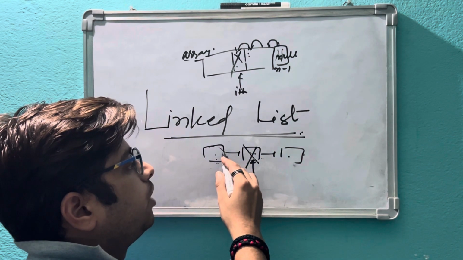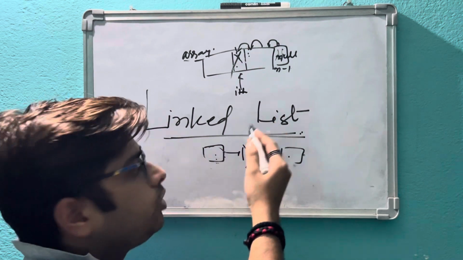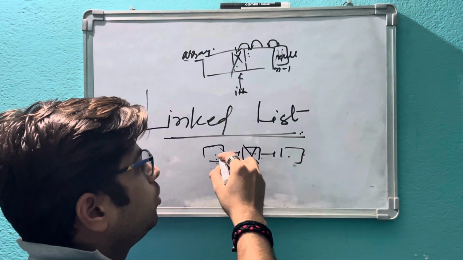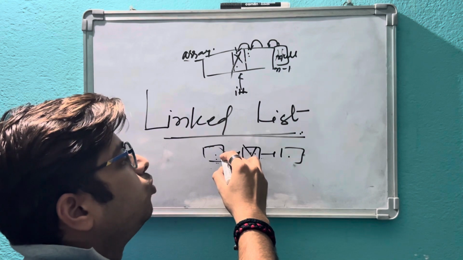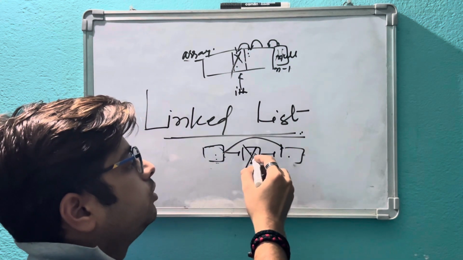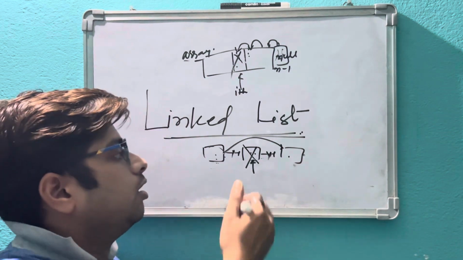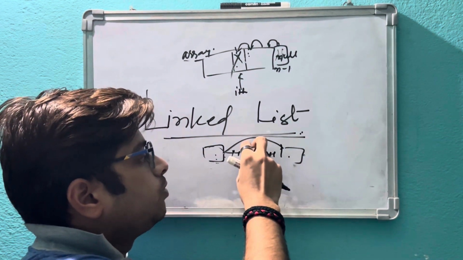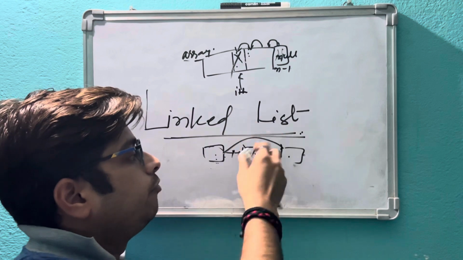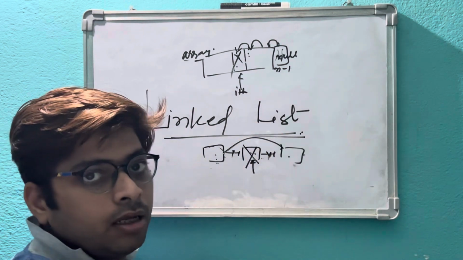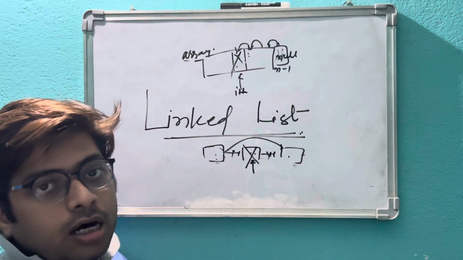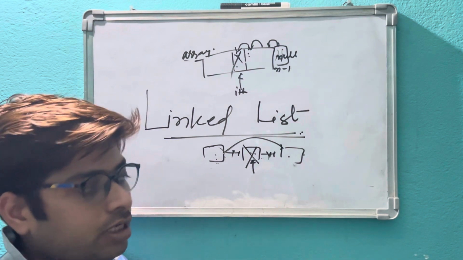So if I could somehow get the link of this previous node updated to the next node, then this link would be broken, and we will be left with this particular node, and we can always go ahead and free this space from the memory. So those are a few advantages of having a linked list.